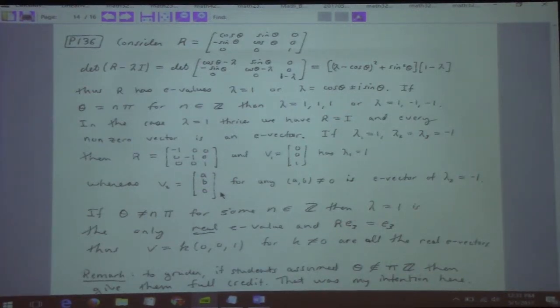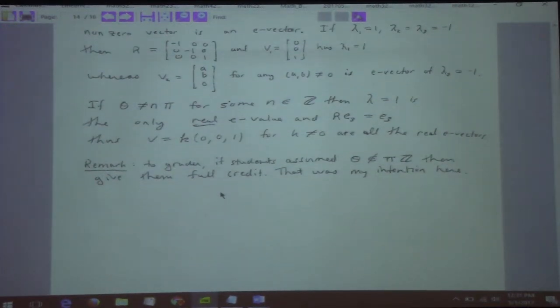Anyway, if theta is not n pi, then lambda equals 1 is the only real eigenvalue, which you can see from this up here, because this is an irreducible quadratic when theta is not an integer multiple of pi. And consequently, non-zero scalar multiples of E3 are the eigenvectors with eigenvalue 1.